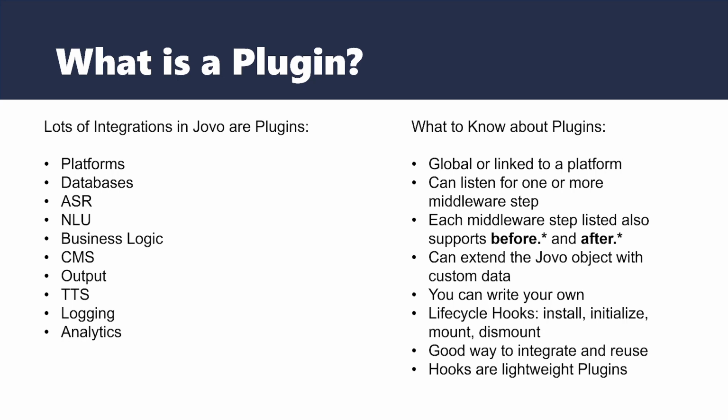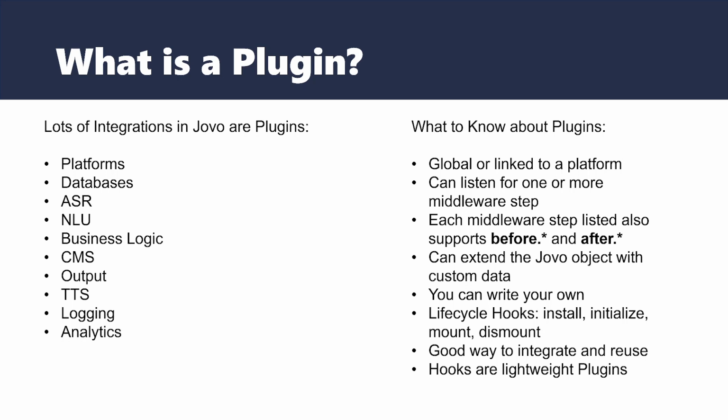Now, each middleware step also supports a before and an after. So like the very first middleware step is request.start. There is actually a before.request.start, a request.start, and then an after.request.start. And those are all places where you can plug in listeners to do certain logic.